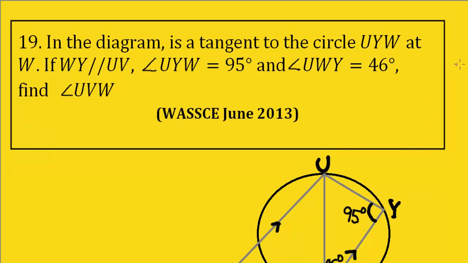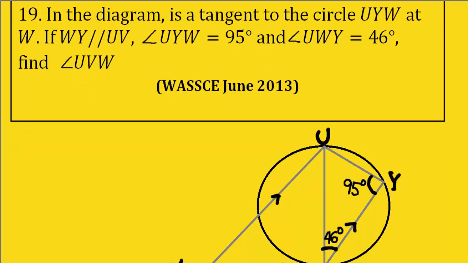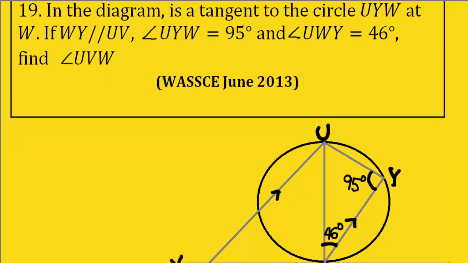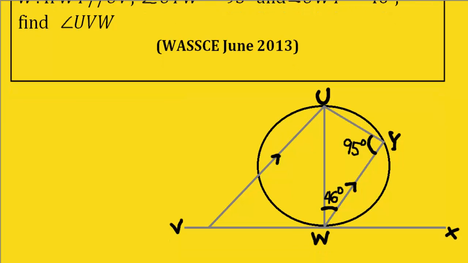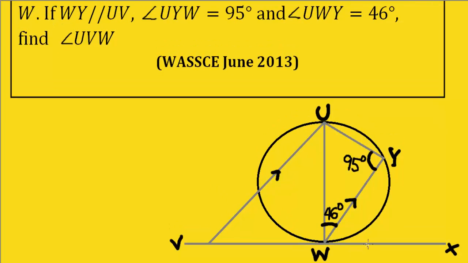If I read the question, it says that in the diagram is a tangent to the circle UYW at W. As you can see, this is the tangent at W, this is W here. And the question goes on to say that WY is parallel to UV, telling you that this line UV is parallel to WY.